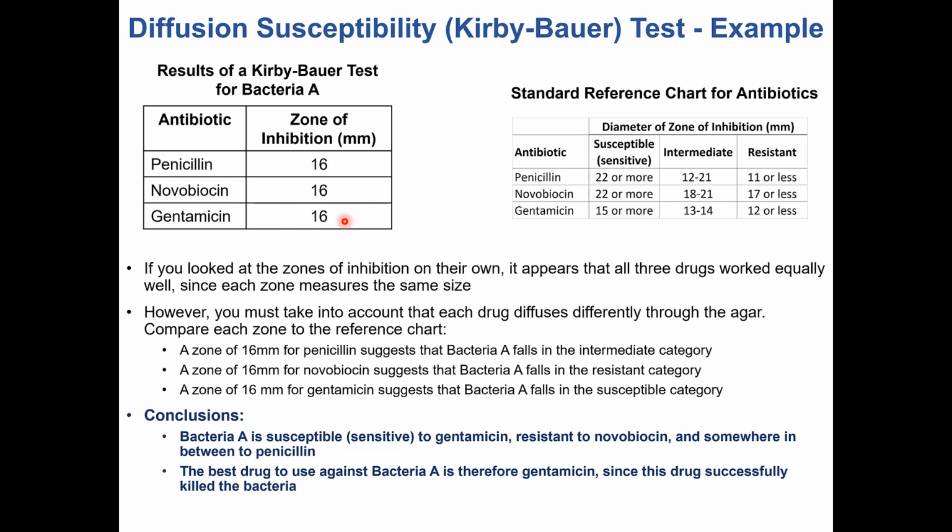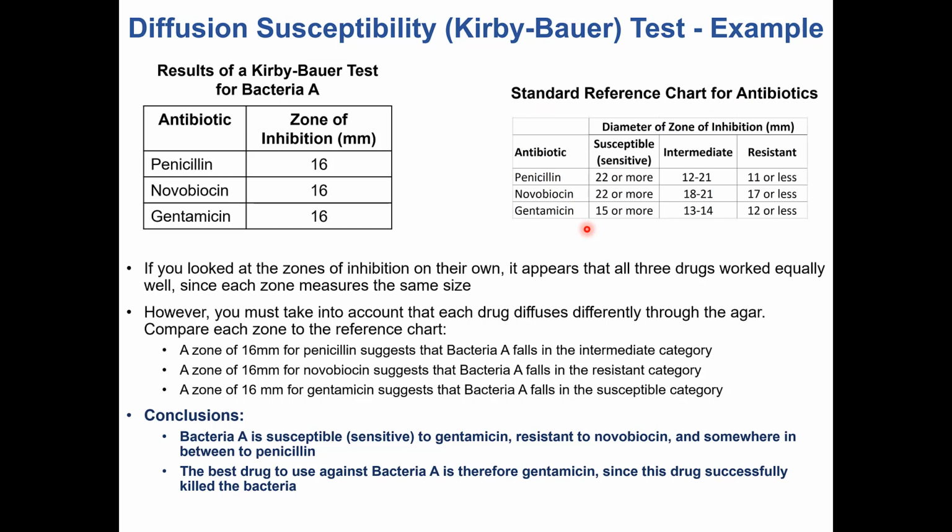But that is not true because, like I said earlier, you have to account for the fact that these 3 different antibiotics diffuse through the agar on the plate at different rates. So you need to compare these results with the standard table, and that's what the table here on the right is.